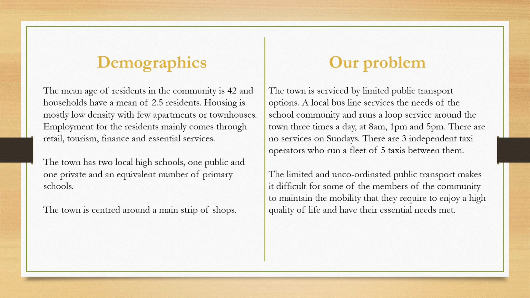That means there are 5 taxis rolling around, and you have 3 different phone numbers to get hold of those 5 different taxis. The limited and uncoordinated public transport makes it difficult for some of the members of the community to maintain the mobility they require to enjoy a high quality of life and have their essential needs met. So that is the problem that we're facing. We have to somehow solve the public transport woes of this community.